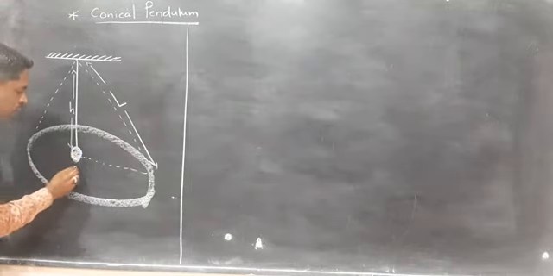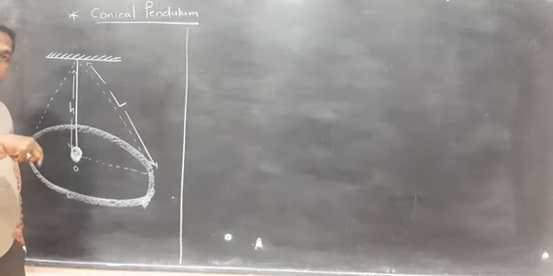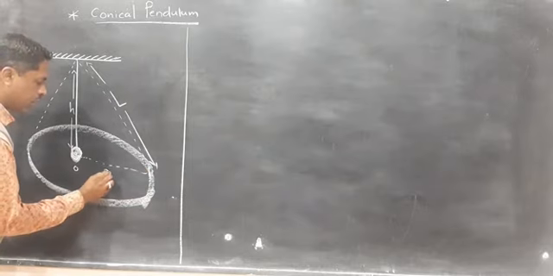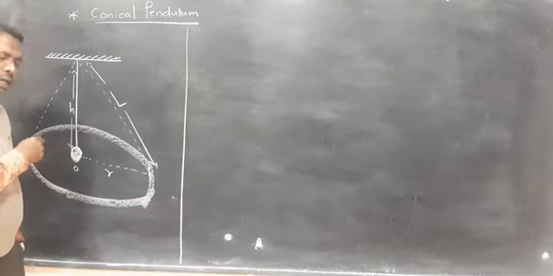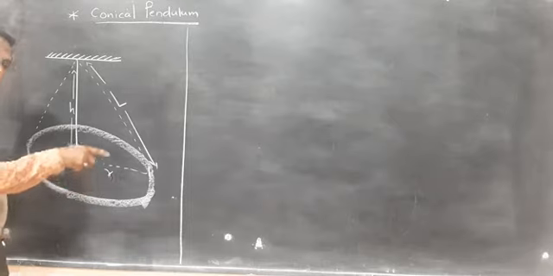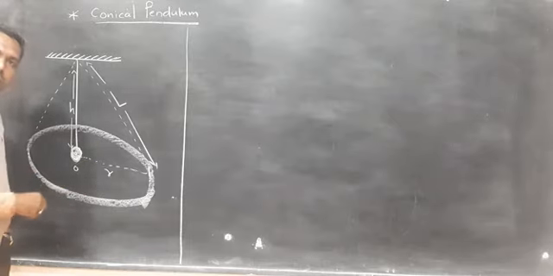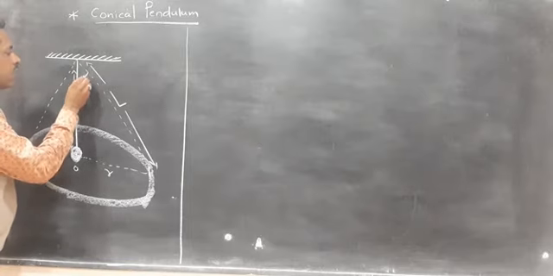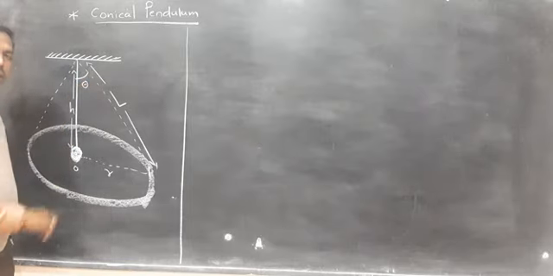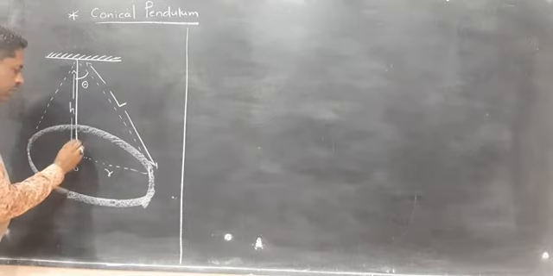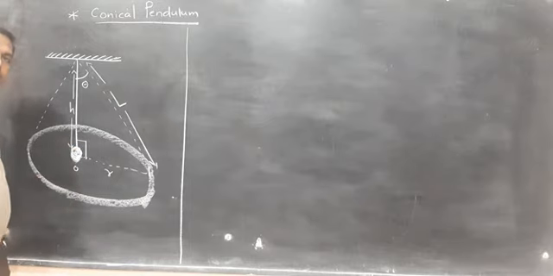O be the central point of the pendulum, R be the radius. Whenever the pendulum revolves, it makes a certain angle theta. Okay, we know that.